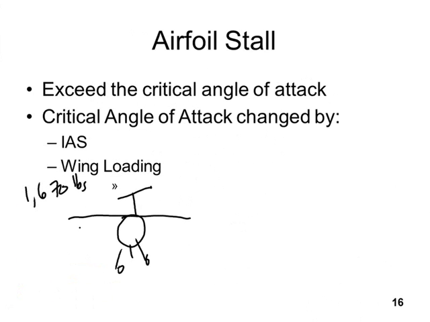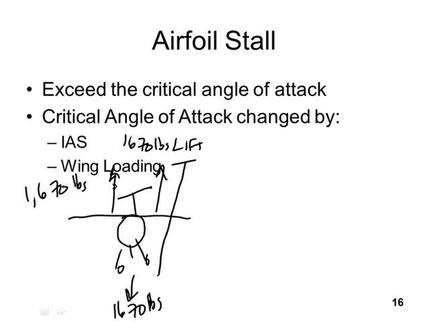And if you're not climbing, and you're not descending, and you're not turning, then gravity is pulling you down at 1,670 pounds. But the lift on the wing, all combined, is 1,670 pounds of lift. As long as the lift is equal to the weight, you won't go up and you won't go down.